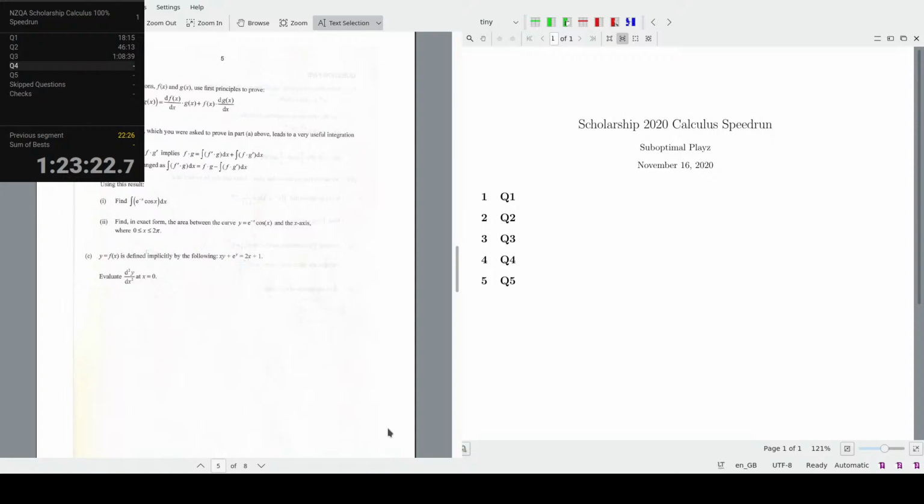And then for c, y is equal to f of x is defined implicitly by the following. It's just implicit differentiation twice, right? So you get xy plus e to the y is equal to 2x plus 1.